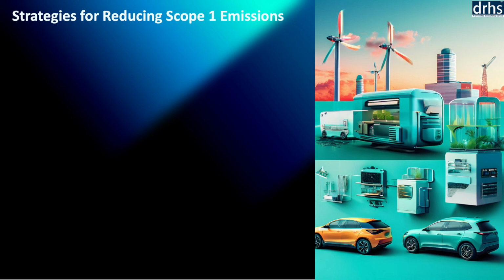Companies can adopt several strategies to reduce these emissions, such as the first one, energy efficiency. Enhancing energy efficiency is one of the most cost-effective methods to reduce scope 1 emission. Energy efficiency improvement can be made across various areas including industrial process, building systems and equipment.